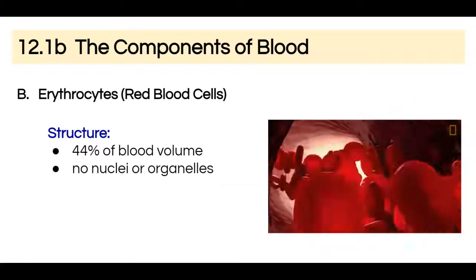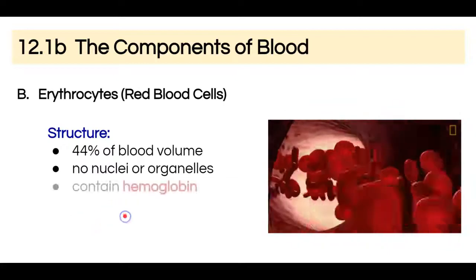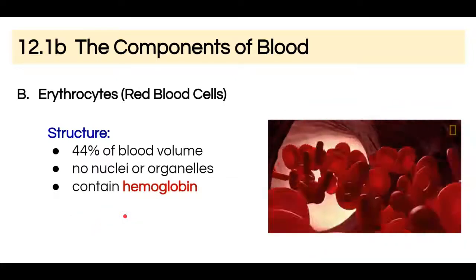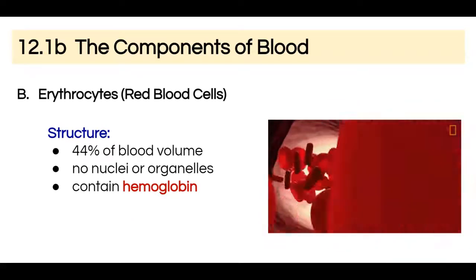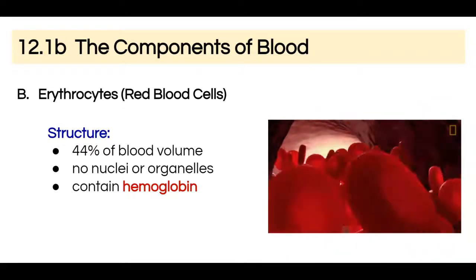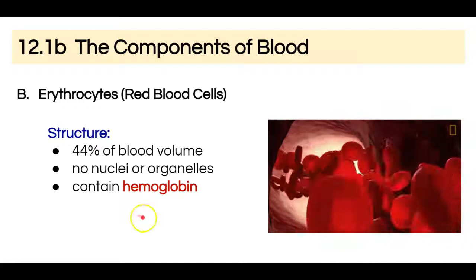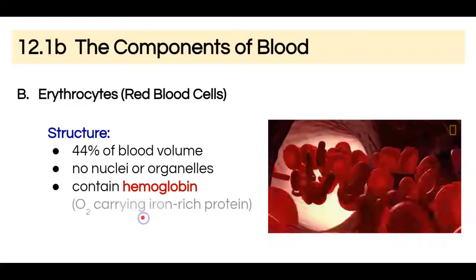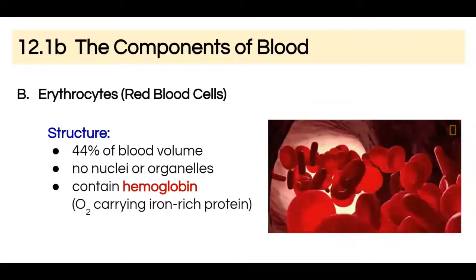What they contain are molecules called hemoglobin. The job of hemoglobin we're going to talk about more extensively in the next slide. But mostly what we need to think about with hemoglobin is that it is a molecule that is oxygen carrying and also iron rich. It requires iron in its primary structure.